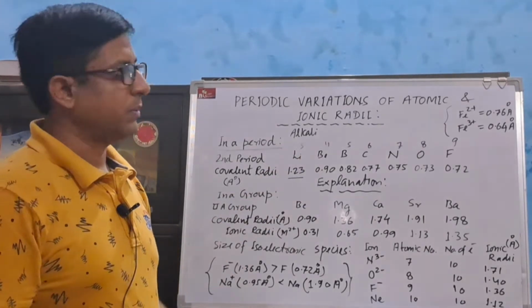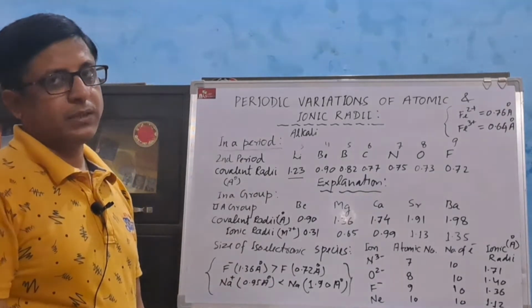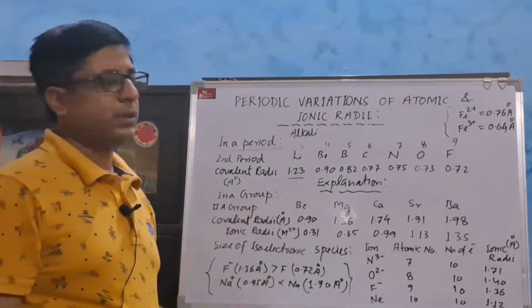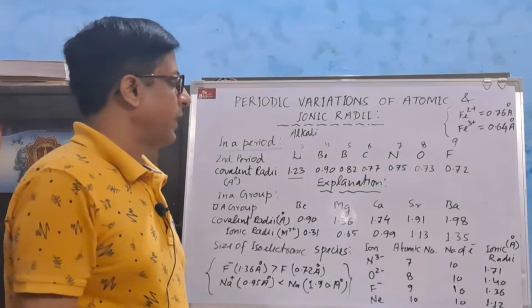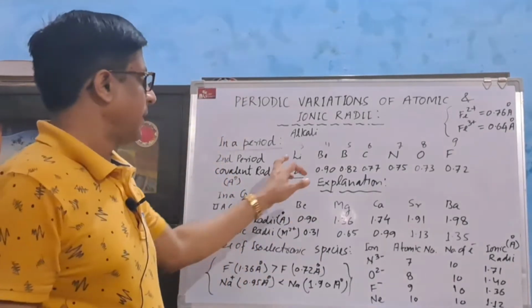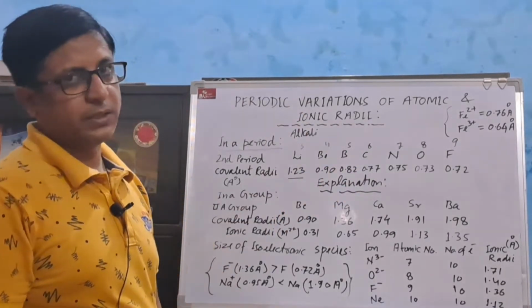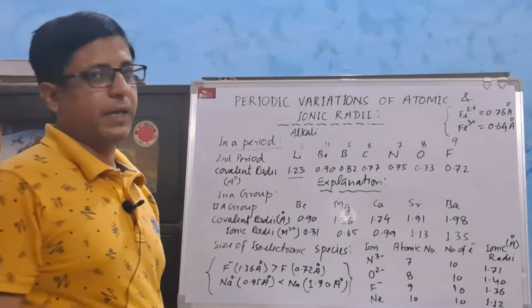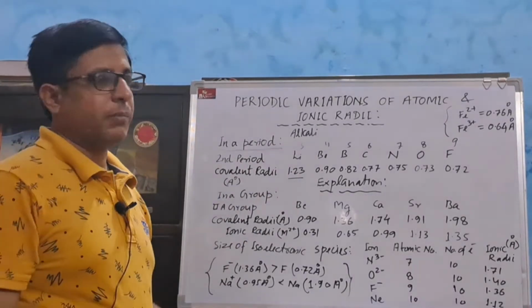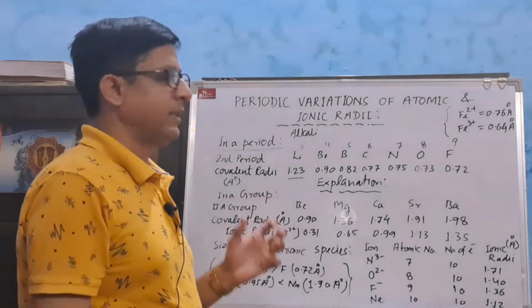Therefore, the distance between the nucleus and outermost shell of electrons remains almost the same. But with the increase of atomic number, the nuclear charge also increases. Here there are 3 protons, 4 protons, 5 protons. Therefore, nuclear charge increases, and the electrostatic attraction between the nucleus and valency shell electrons increases.